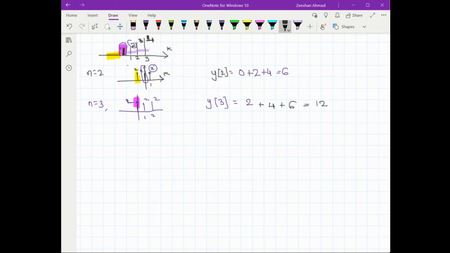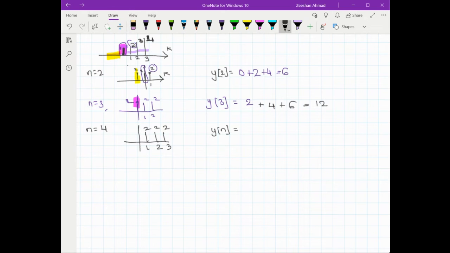Next will be n equal to 4. So for n equal to 4, we will shift it to the right by 1 again, and now we are going to have this situation. The sample from 0 will come to 1, the sample from 1 will come to 2, the sample from 2 will come to 3. Just multiply it with your original x of k signal, and you are going to get the y of n.